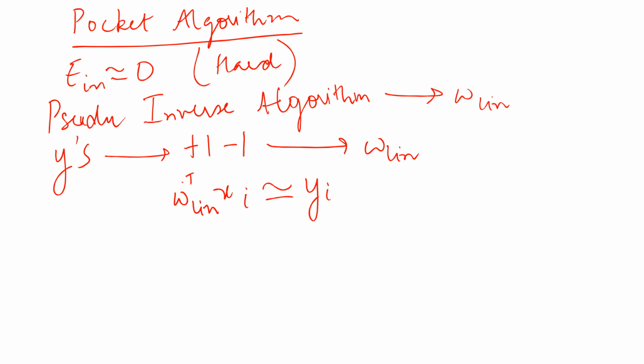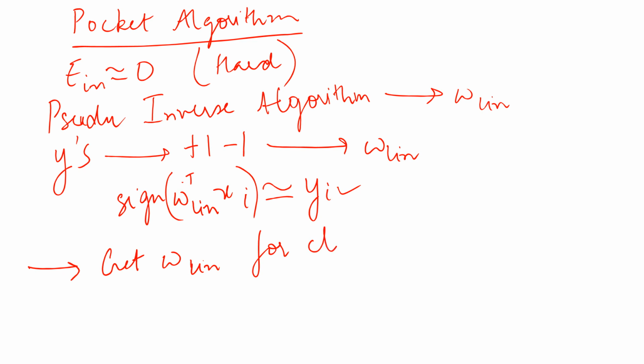So one way is that all we have to do is take the sign here for the classification problem and see the sign against my y_i's, because they are +1 and -1. So that could be one way. The other way is, because we know that regression weights usually perform really well with a classification problem, another idea could be to get this w_lin for the classification problem.